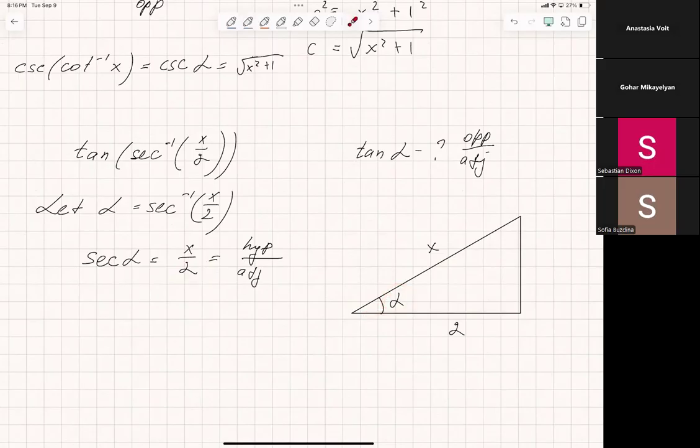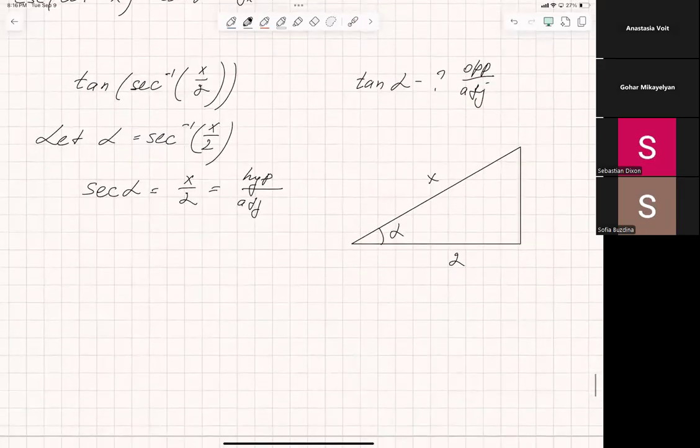Now I need to find this opposite side because that's what is needed for my tangent. I will again use the Pythagorean theorem. Let me just write it as opposite side, that would be easier. So x squared equals opposite side squared plus 2 squared. This is just the regular Pythagorean theorem. I need to solve for this opposite, not for x.